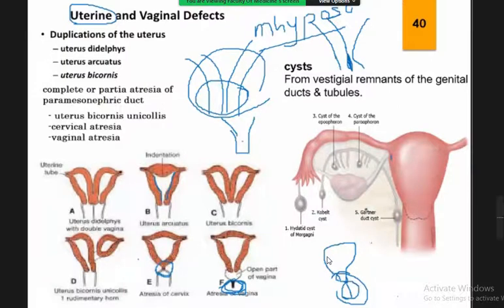But there may also be what we call a unicornuate uterus.